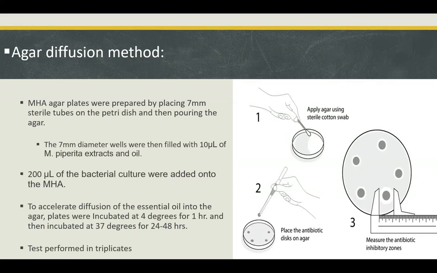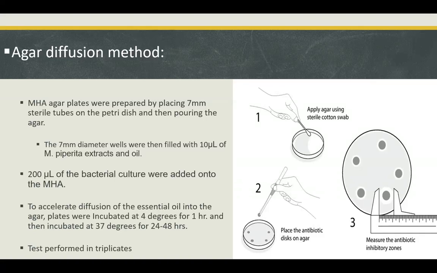Fresh cultures of the indicator strains of bacteria were added onto Mueller-Hinton agar, MHA, containing 5% sheep blood, and the MHA was mixed and poured over Petri plates with dried agar medium on the surface of sterile tubes, and after solidification of the MHA, the tubes were removed and the obtained wells were filled with the peppermint extract and oil.